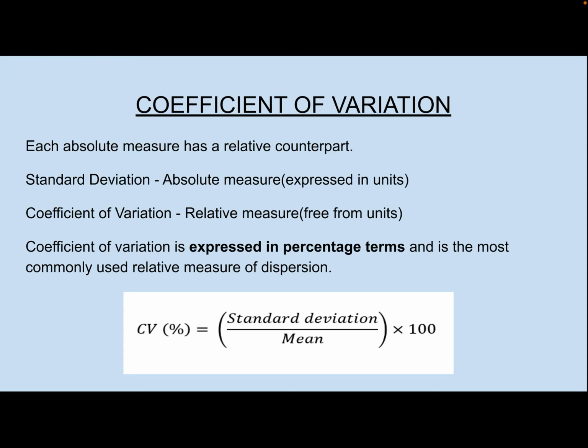Remember to express this term in the form of percentage always. This is an example of computation of coefficient of variation. You will be able to see in the last the formula standard deviation upon mean into 100. So you get 32.08.